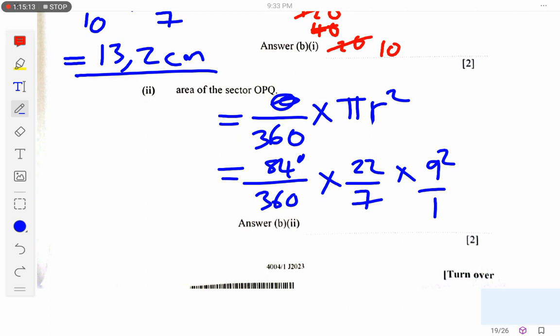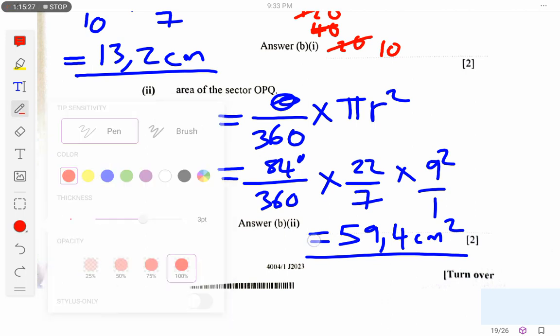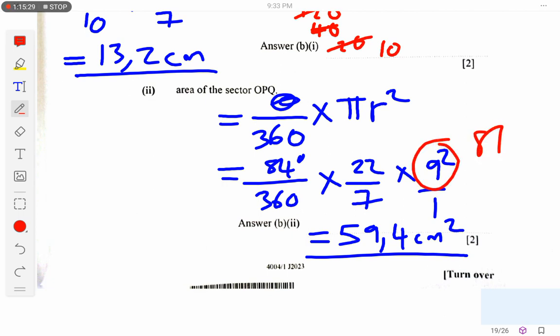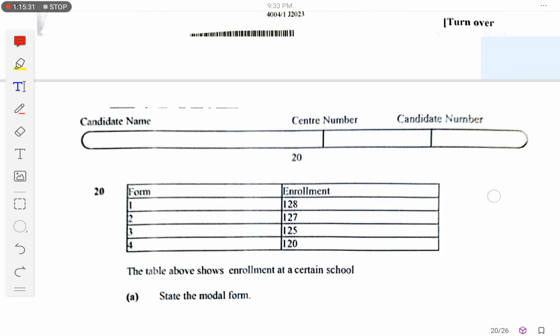Okay, if you punch in the calculator or simplify this, I'm not going to do that, you get yourself 59.4 centimeters squared. You can try to do it the same way we did, and remember this is 81 here. This is 81. Okay, fine, let's move on.